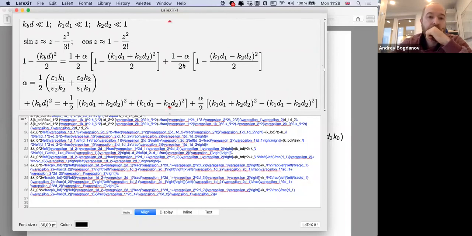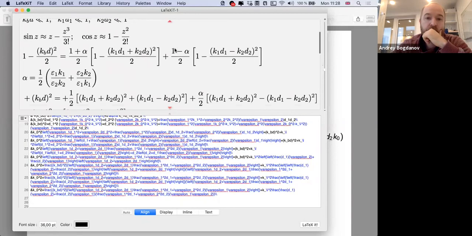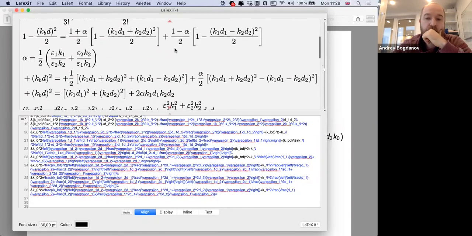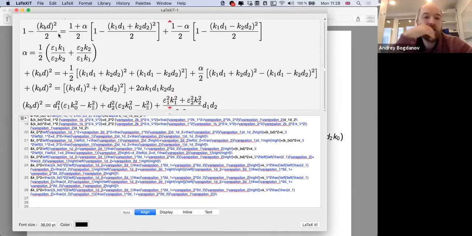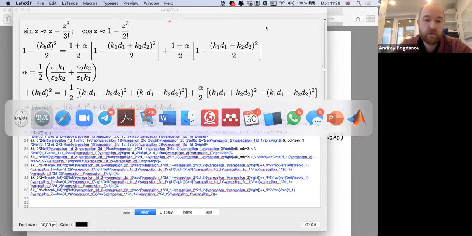Maybe we would have d1 plus d2 for TE polarization, but for TM, I think they should retain epsilons. Let's check. This expression is correct. It's just 1 minus cosine. That's 1 minus, okay. And this is a cosine, yeah? I think this is correct, yeah?